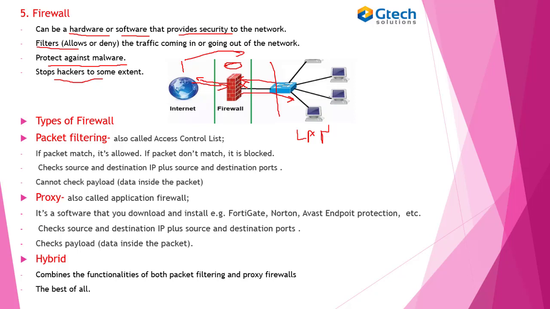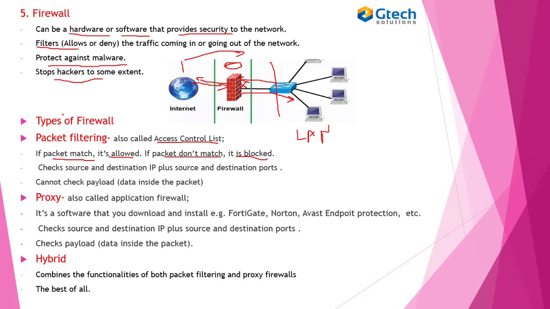Okay, alright. We have three types of firewalls. One is the packet filtering firewall, also called access control list, that is configured in the routers. We'll learn about it in our coming classes. Whenever a packet matches, it is allowed. But if it doesn't match, the packet is dropped or blocked.